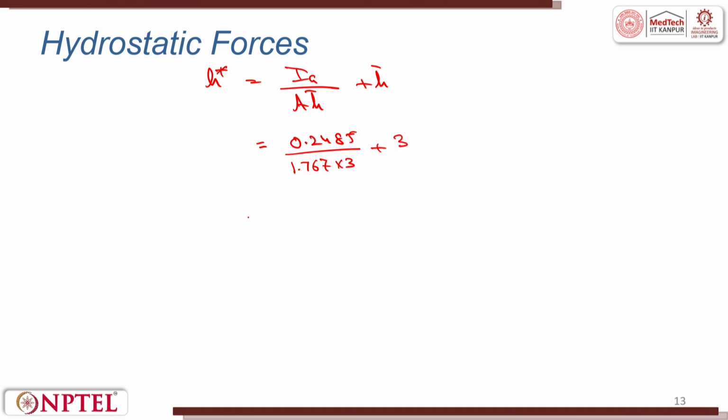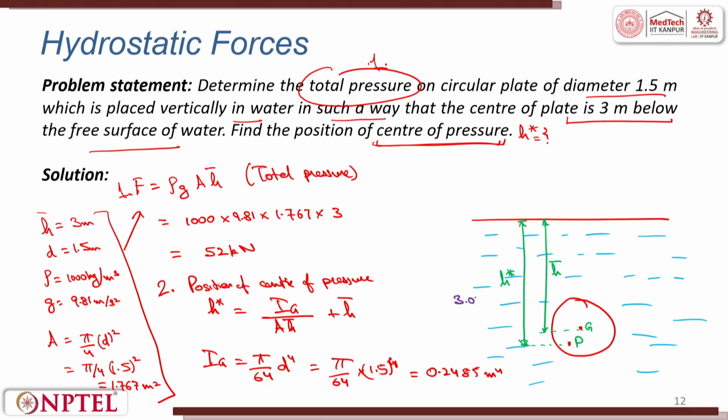This gives me the value of H star, the position of the center of pressure, as 3.0468 meters. That is the position of the center of pressure.